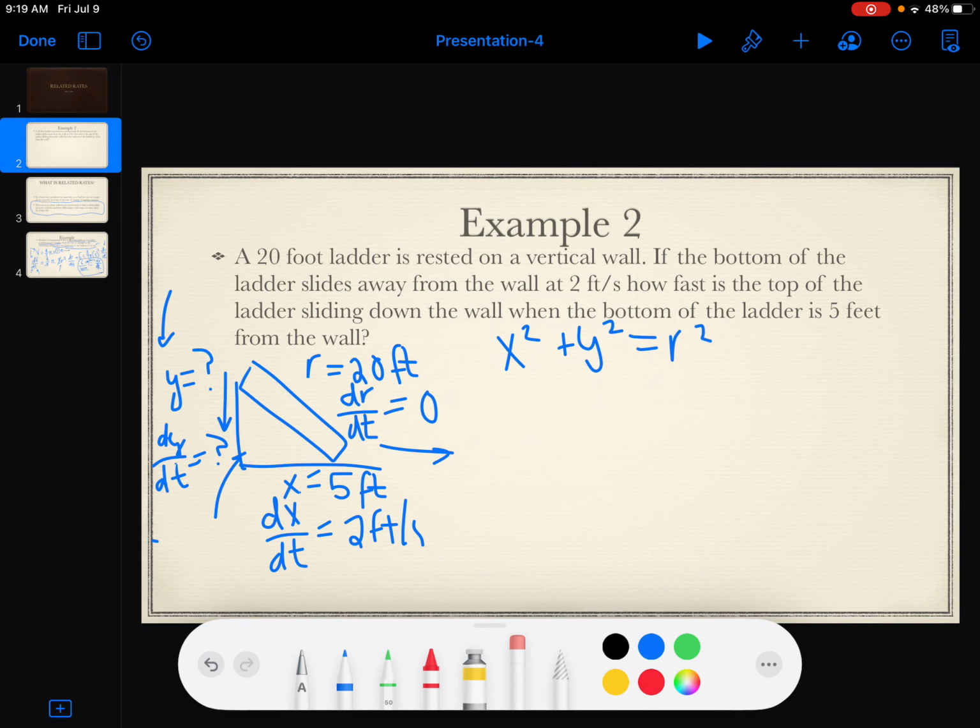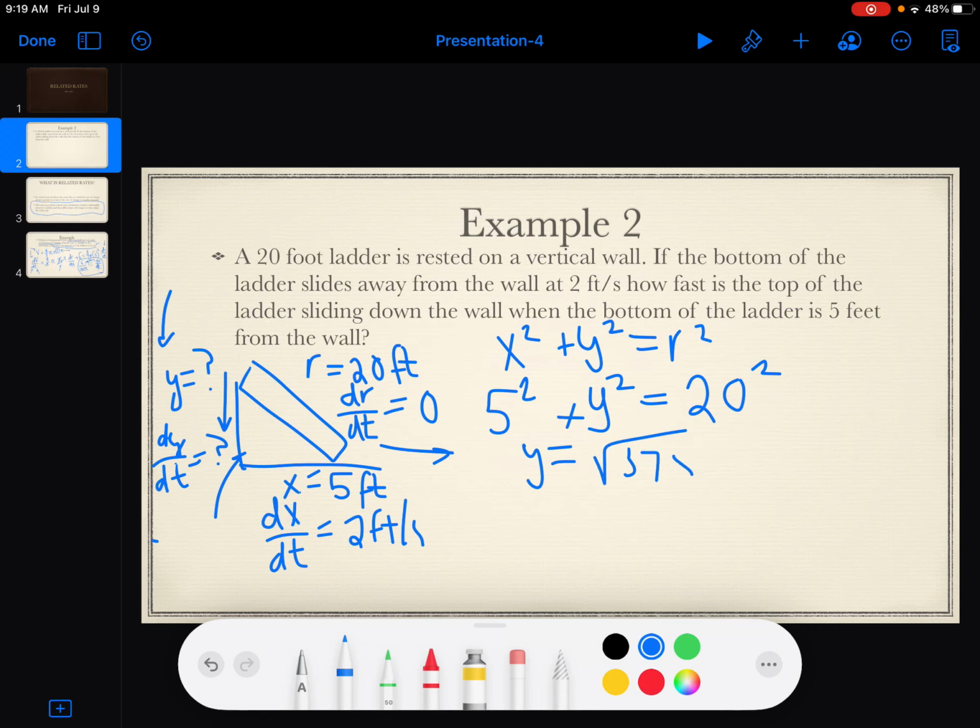The first thing we should do is figure out what y is, because in order to get dy by dt, we need to know what y is. So let's do that. Not hard, just plug in our numbers. 5 squared plus y squared equals 20 squared, and then y would just come out to be the root of 375.